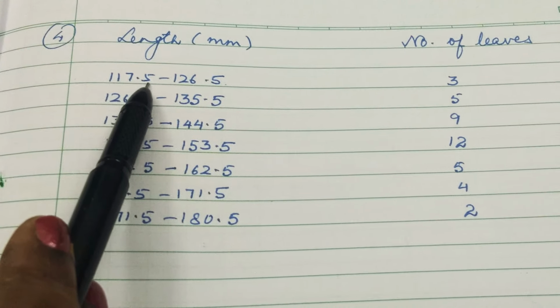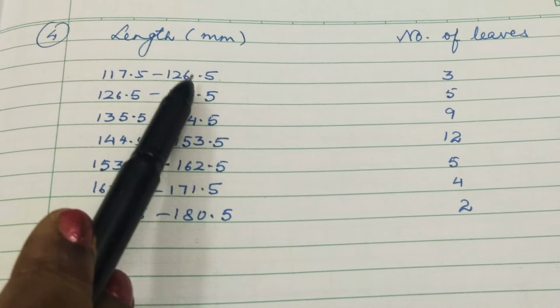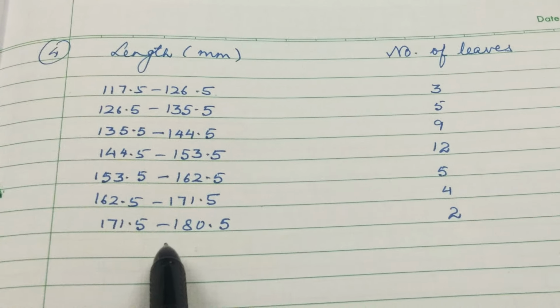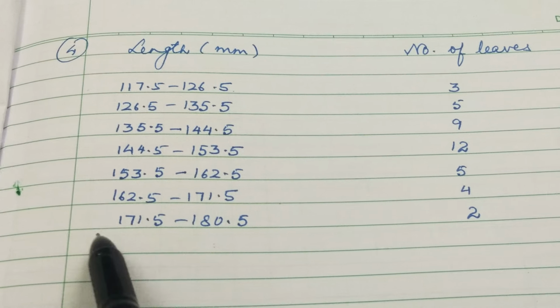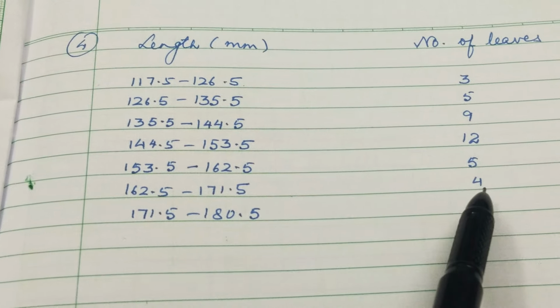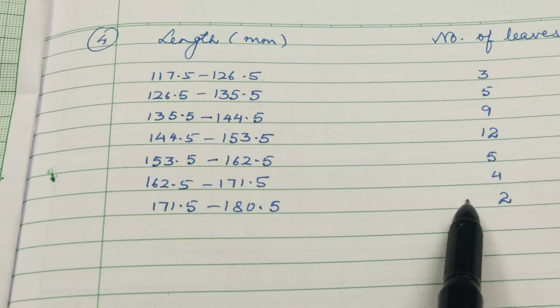We have subtracted 0.5 from the lower class limit and added 0.5 to the upper class limit in each class interval. So now we are getting continuous class intervals, and the frequency, or the number of leaves, is given. So now we will draw a histogram.